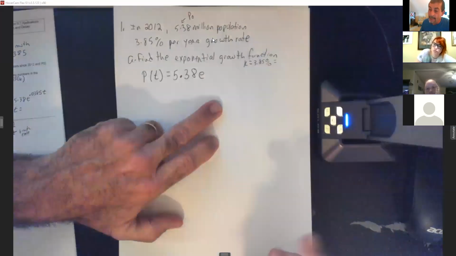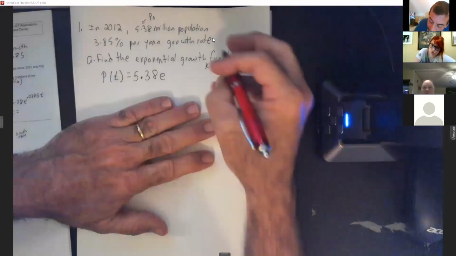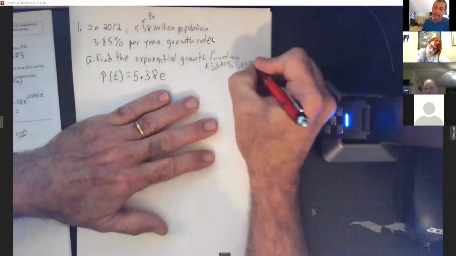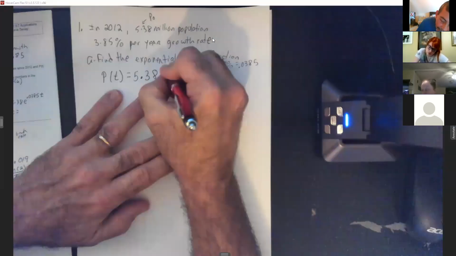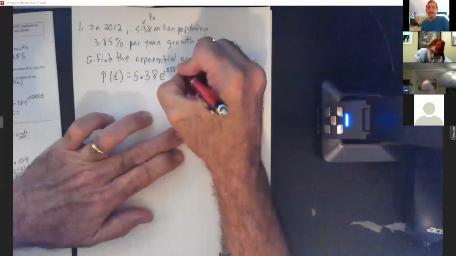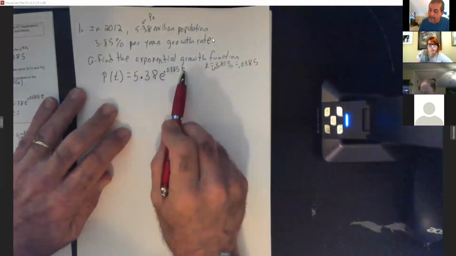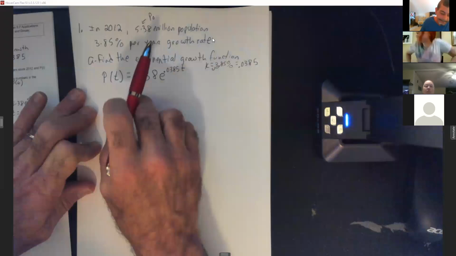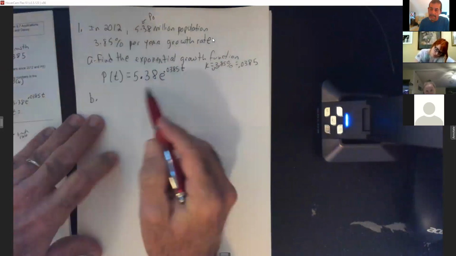We need to turn that into a decimal by moving that left 2 places. So we get 0.0385. We put that in for the K, 0.0385. And then we put our t for time. So what this tells me is, if I know how many years, I can plug in for the t, and that'll tell me how many people are in the population. But y'all, that's all they wanted for that, was to come up with that equation and be done.